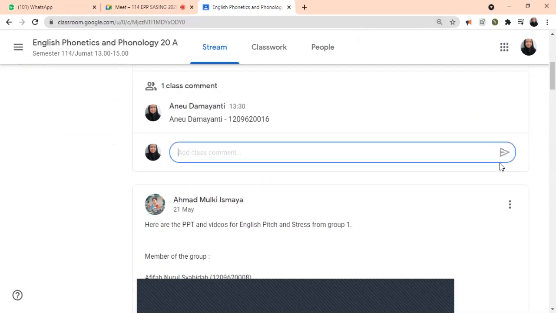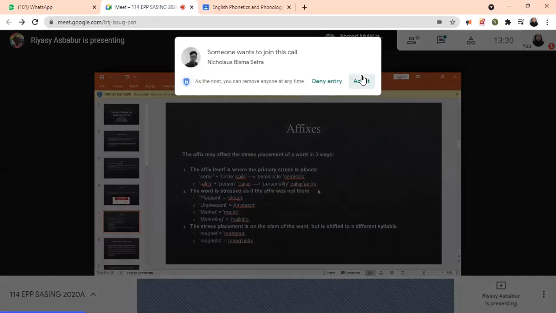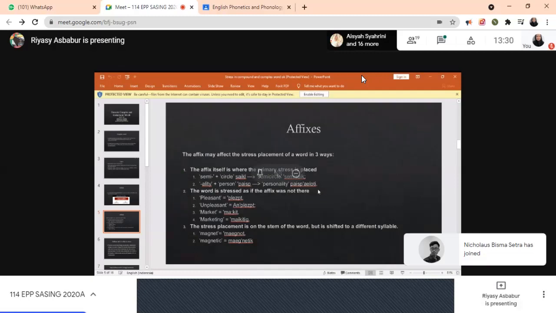And second example, person: when you add -ality, it becomes personality, and the stress is changed, placed on the second syllable.